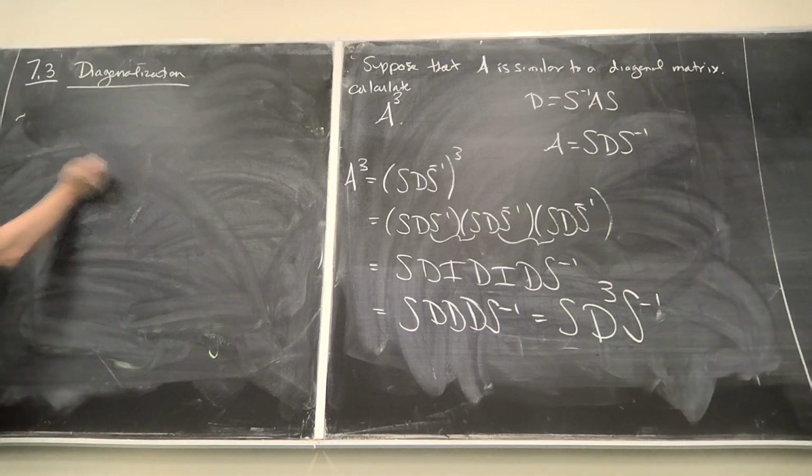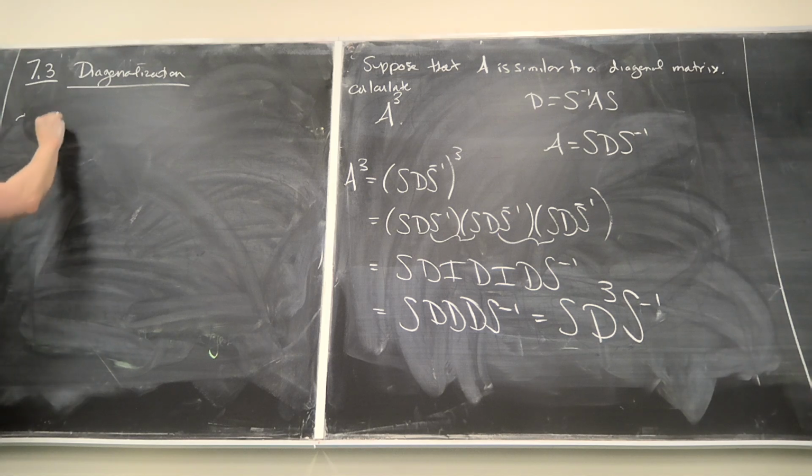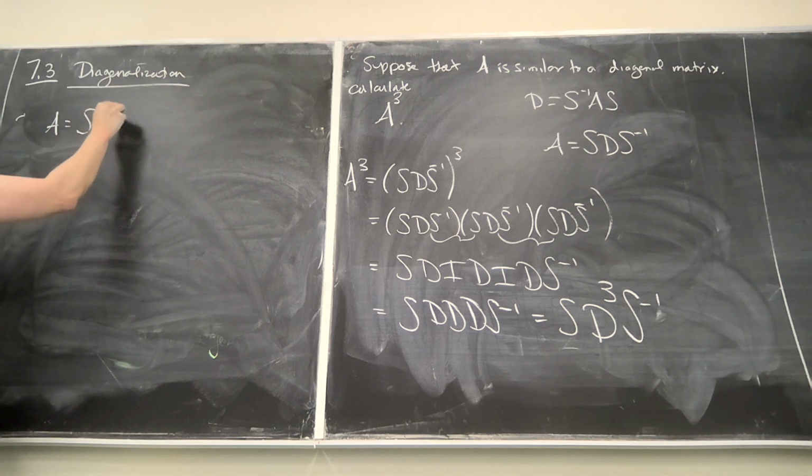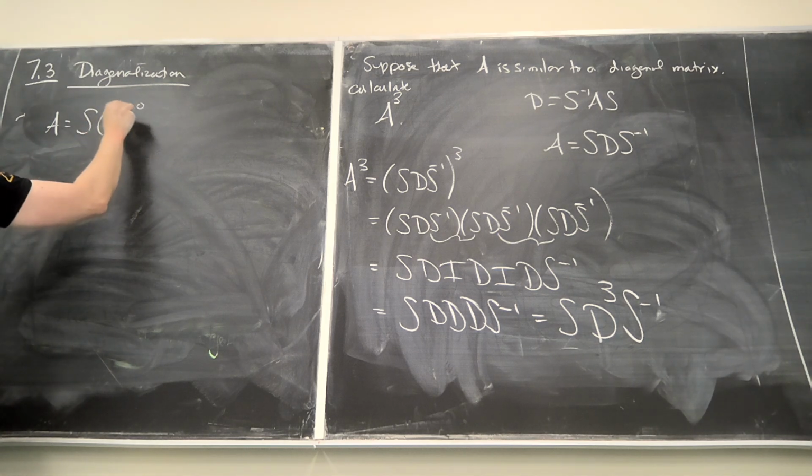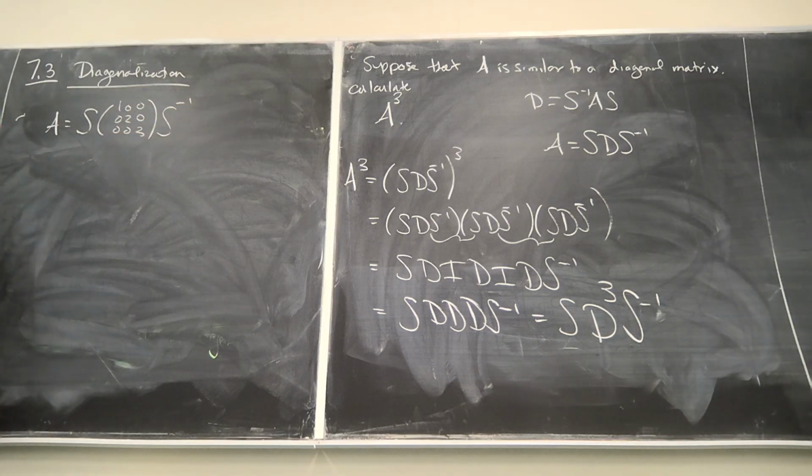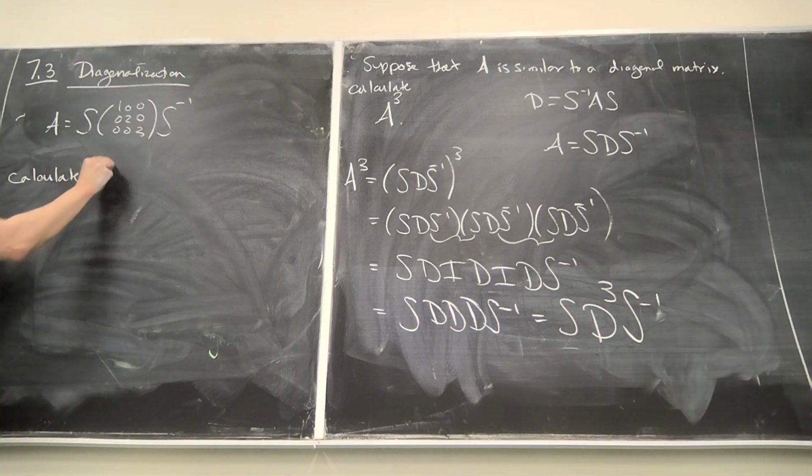So, for example, if A is equal to S times the diagonal matrix with 1, 2, 3 on the diagonal, times S inverse, and I'd really like to know A to the 100th.